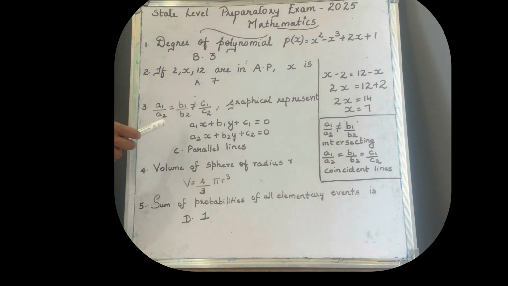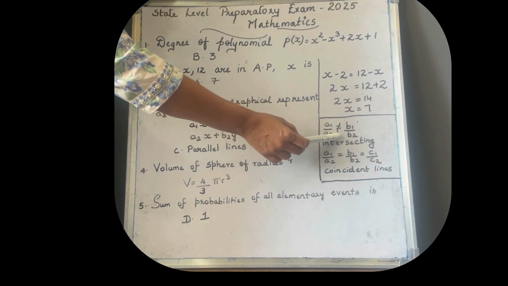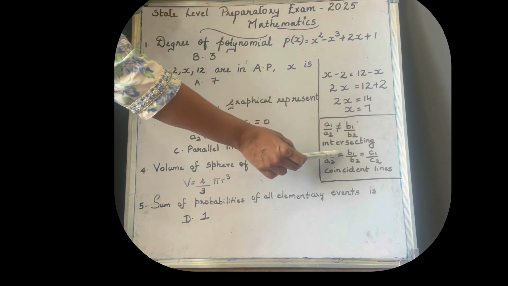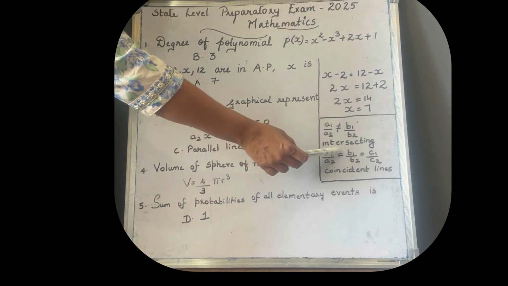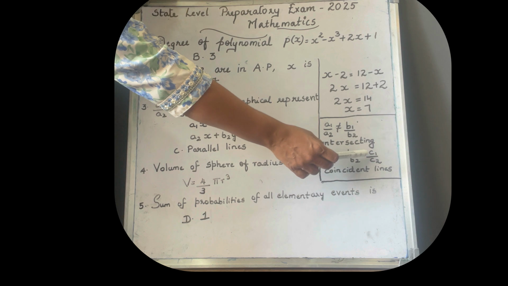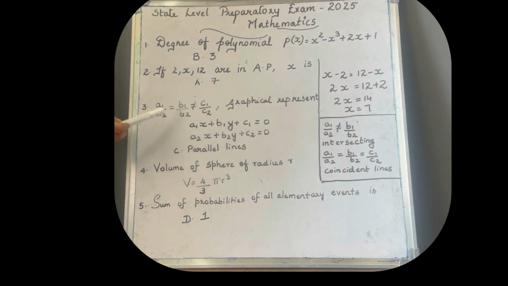There are 3 possibilities here. a1 by a2 not equal to b1 by b2 will give intersecting lines. a1 by a2 is equal to b1 by b2 is equal to c1 by c2 will give coincident lines. And a1 by a2 is equal to b1 by b2 not equal to c1 by c2 will give parallel lines. There is no solution.